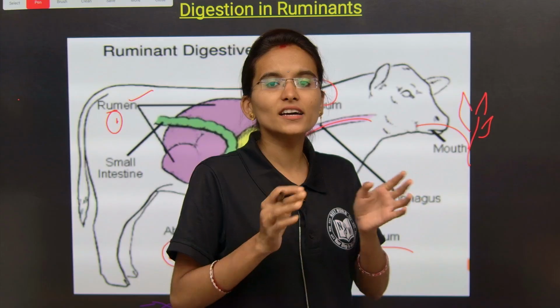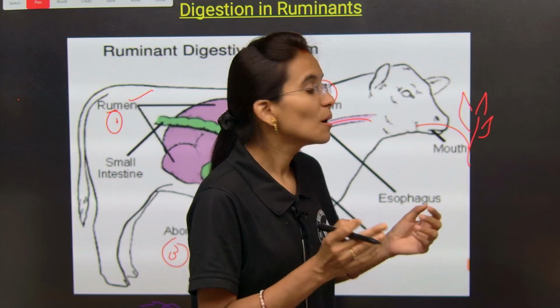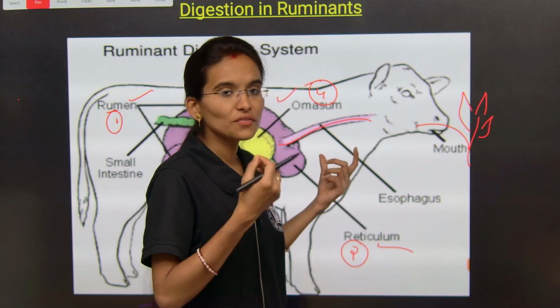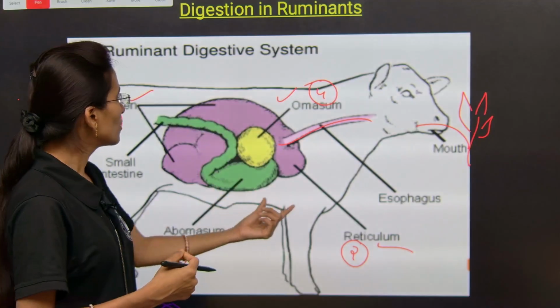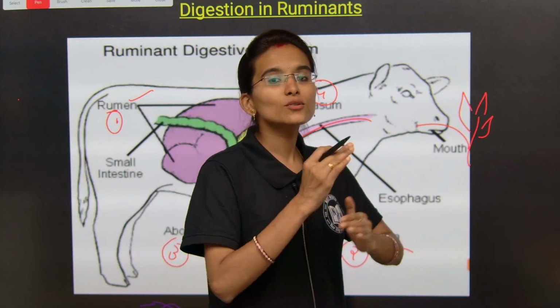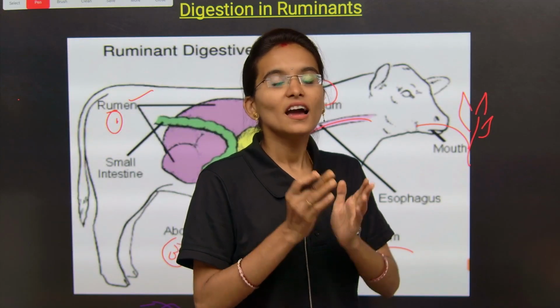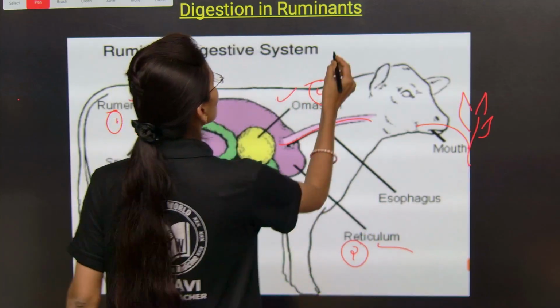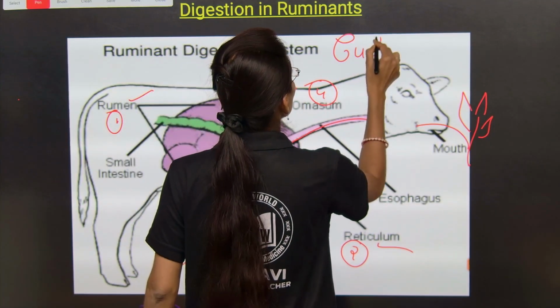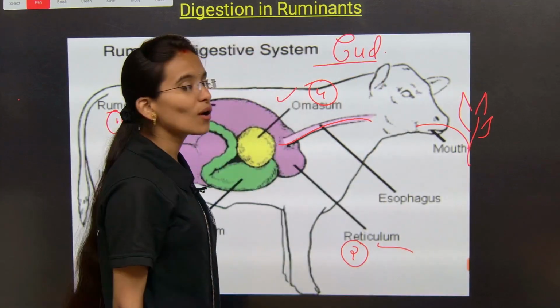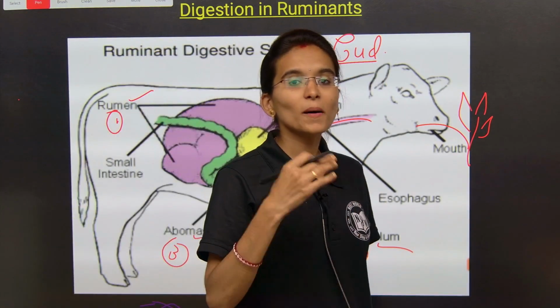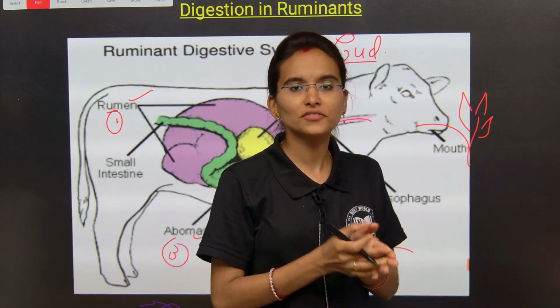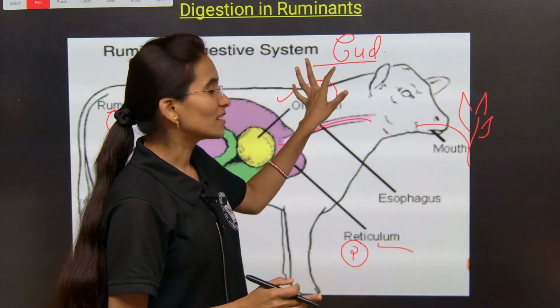Complete digestion does not take place, but at the region of the esophagus and at the region of the reticulum, the food is partially digested, and that partially digested semi-solid food is called cud, isn't it?